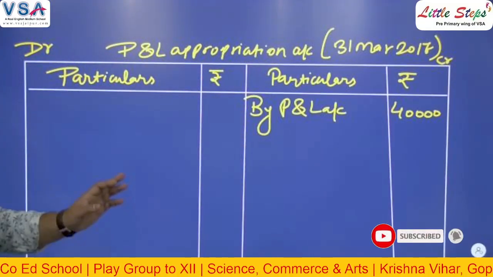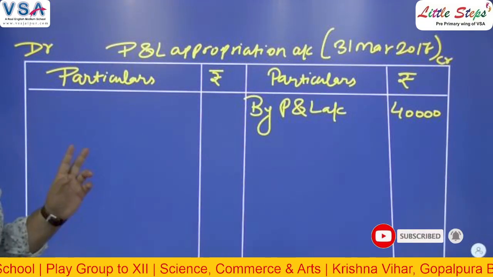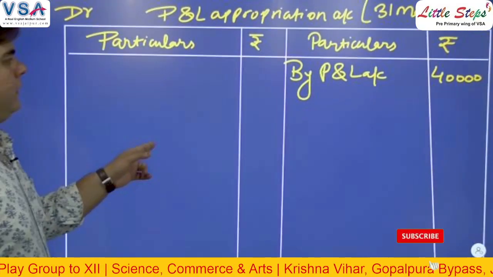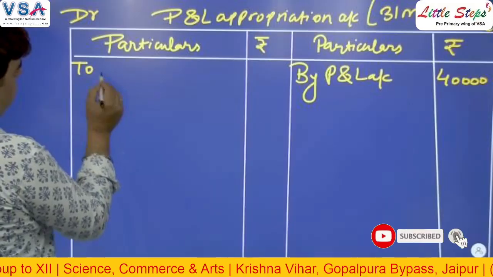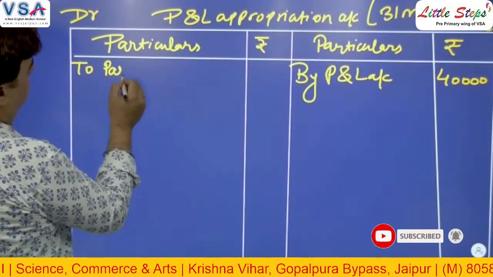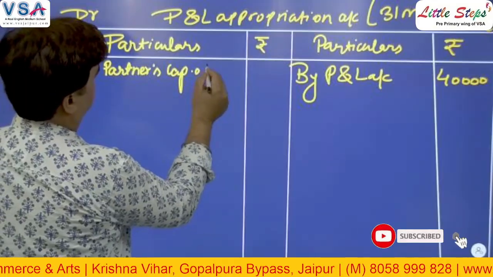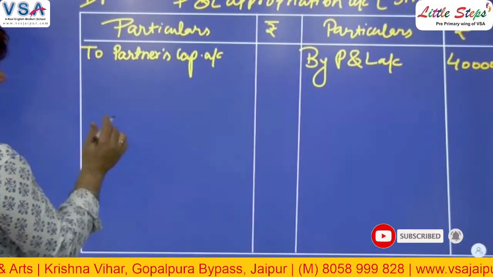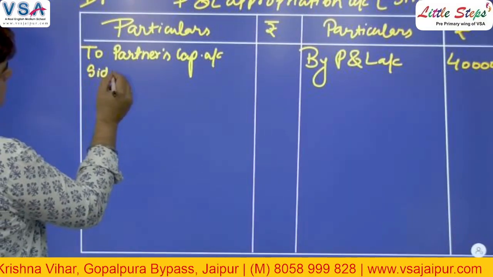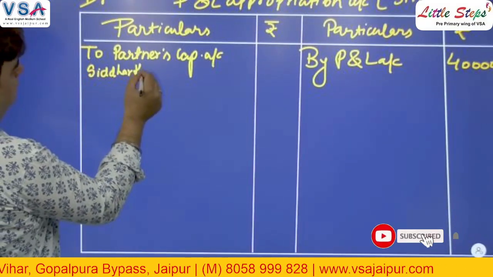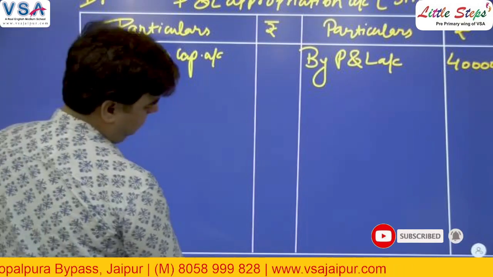Now this 40,000 has to be distributed among three of the partners, right? So let's mention the two partners' capital accounts. One partner was, I guess, first is Abhay, right?